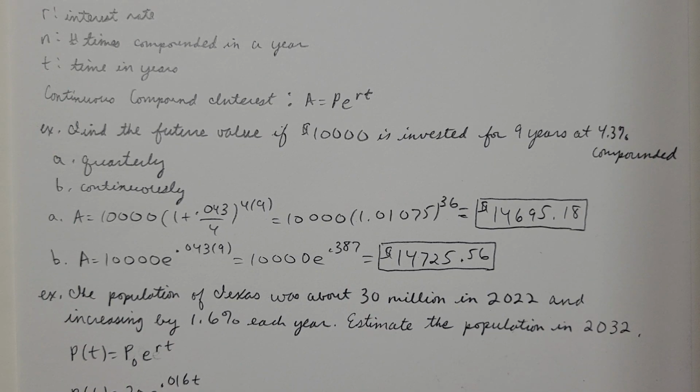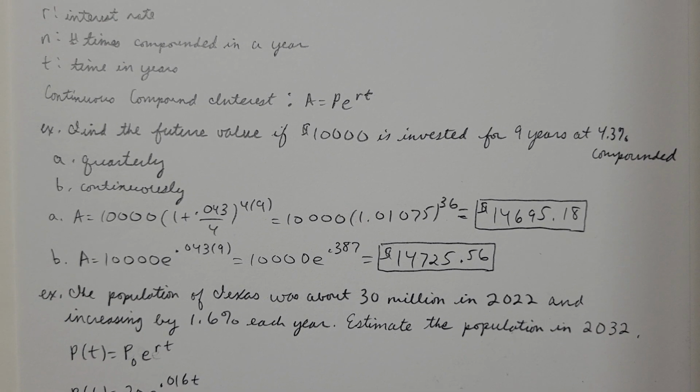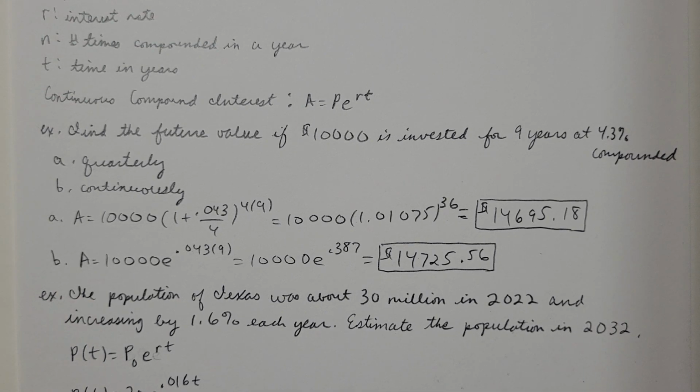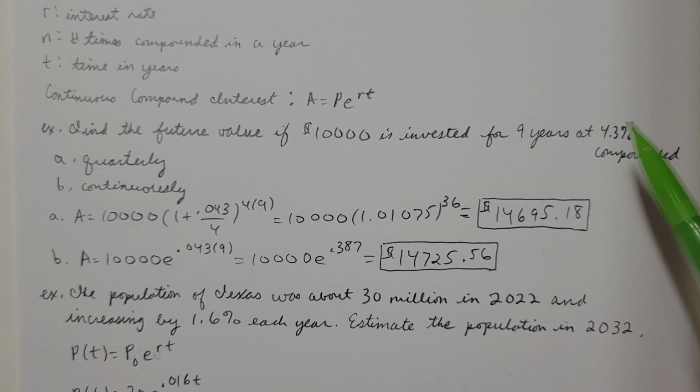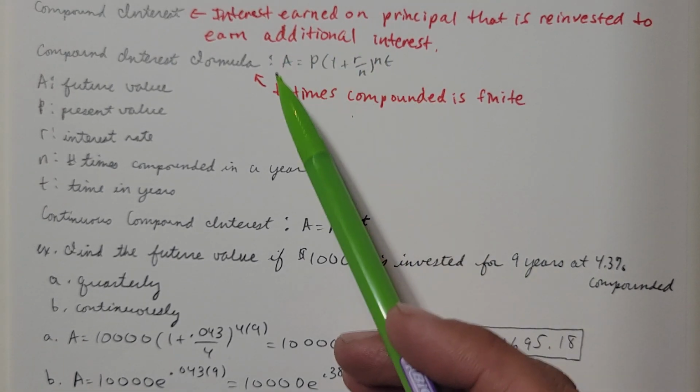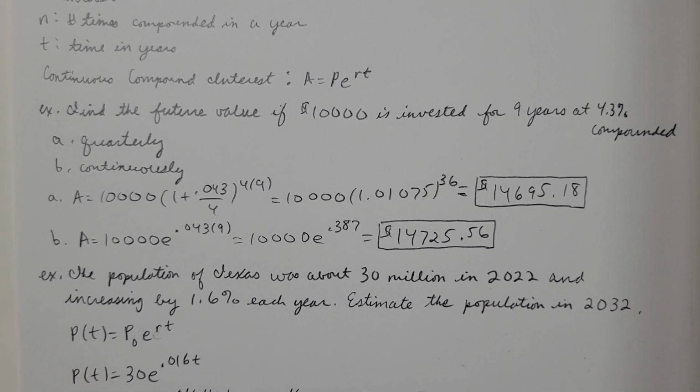Well, the population of the world is continuously growing. Every second of the day, there are thousands of births that happen all over the world. So in a problem like that, it makes sense to use the PERT equation. It does not make sense to use the other equation, because we don't have a start-stop thing going on.